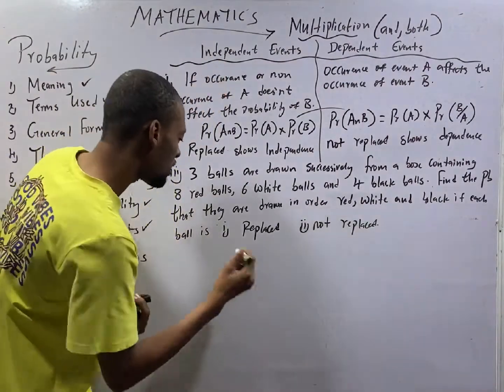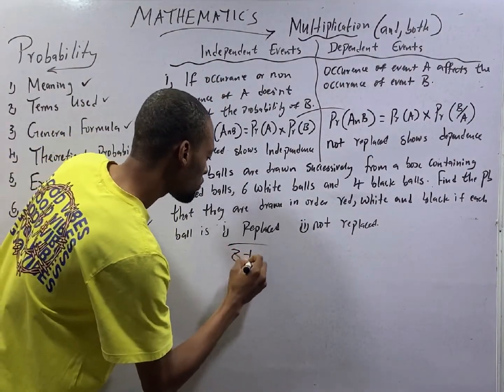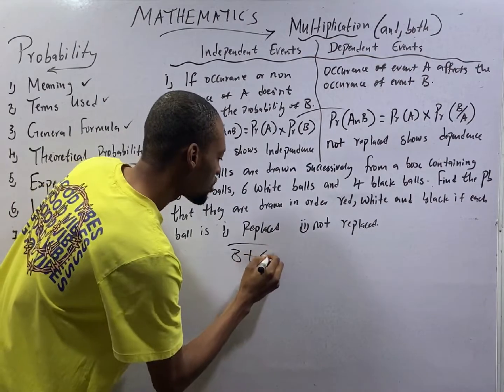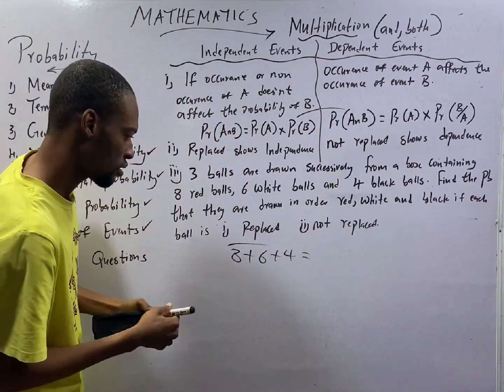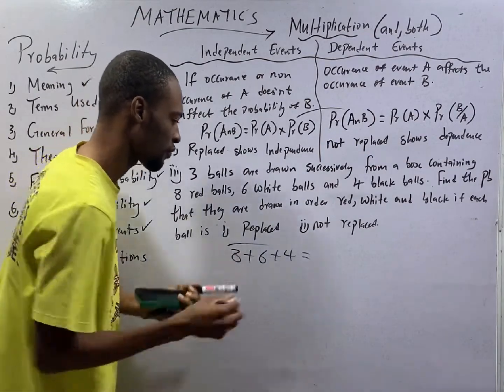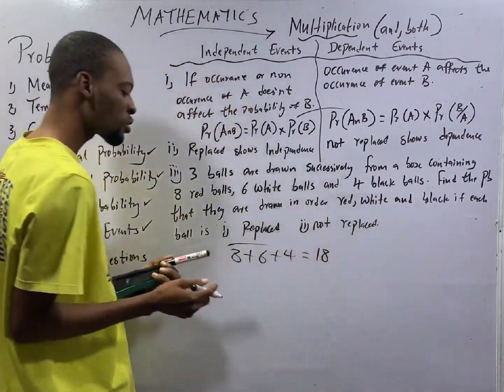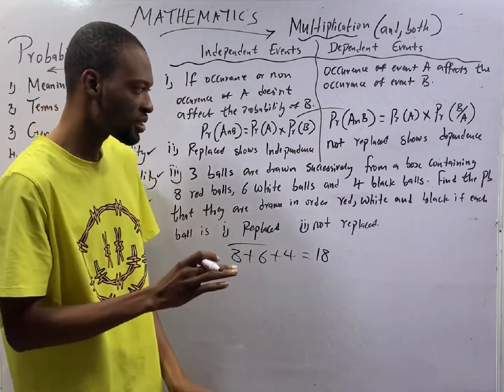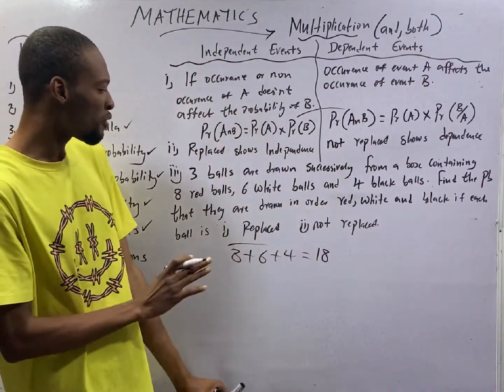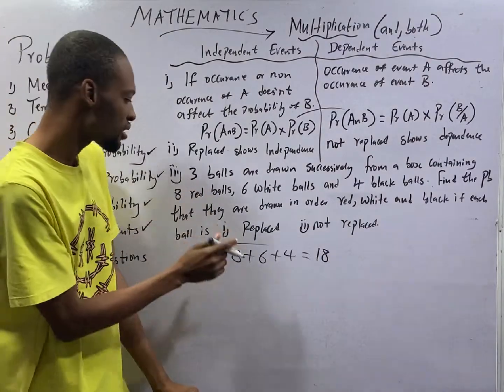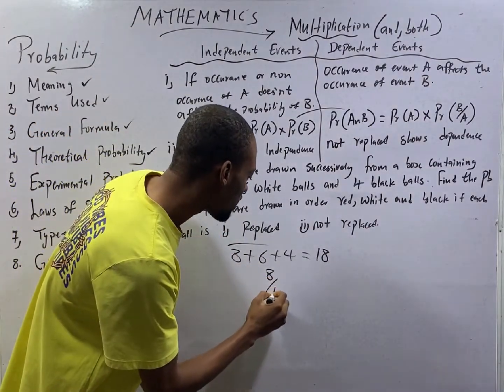We have 8 plus 6 plus 4, and that is 18. The total outcome is 18. Out of this 18, the chance of picking a red ball is 8/18.